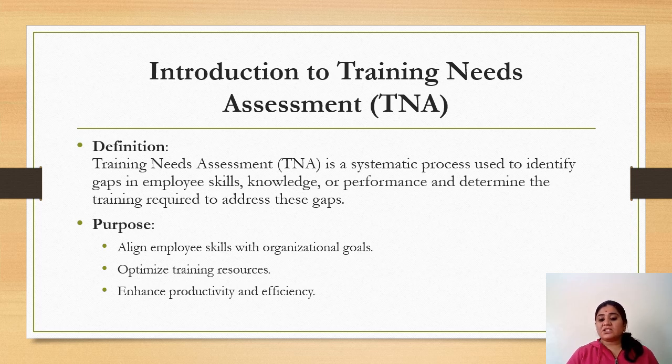Then optimizing training resources means it helps allocate resources effectively by focusing only on necessary training. It even enhances productivity and efficiency. So we can say that by addressing gaps in skills, TNA improves overall employee performance, leading to greater organizational success.